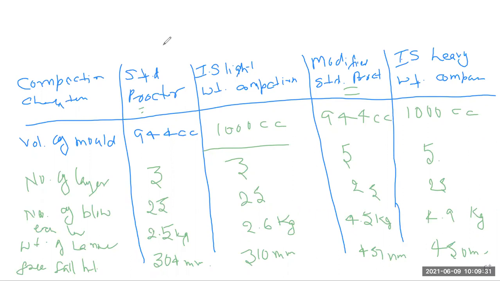The mold of 1000 cc is filled in 3 layers, and each layer is given 25 blows by the 2.6 kg hammer, falling from a height of 310 mm. This process is done 3 or 4 times with different water percentages: the first time add 4%, next time 6%, next time 10%.